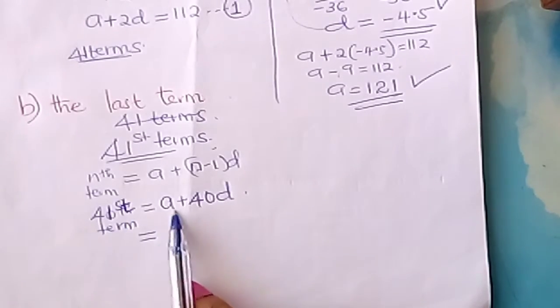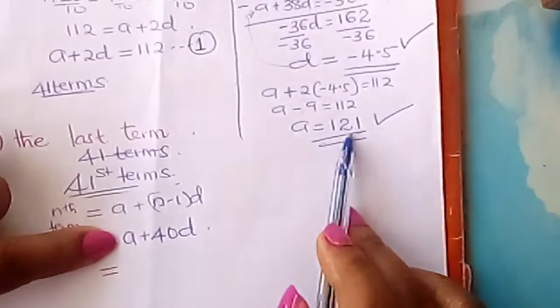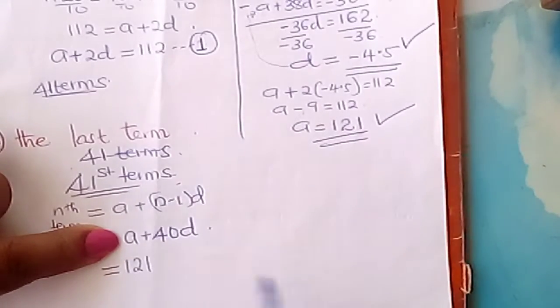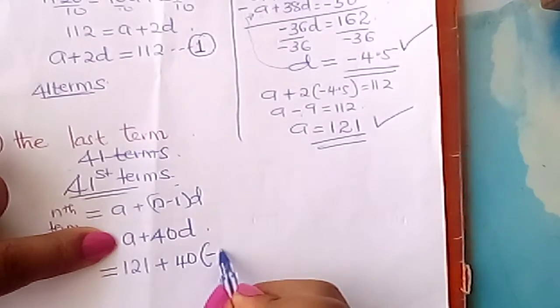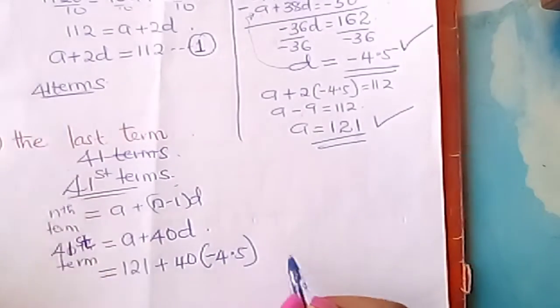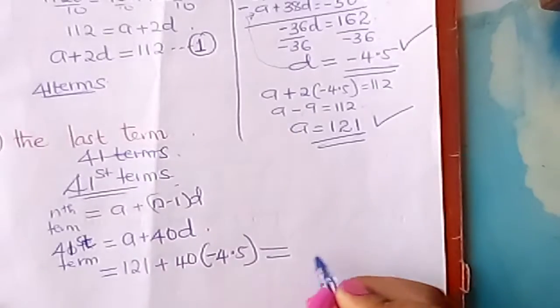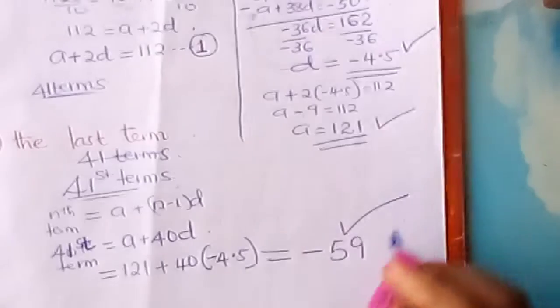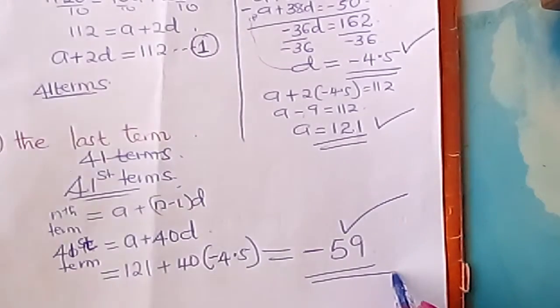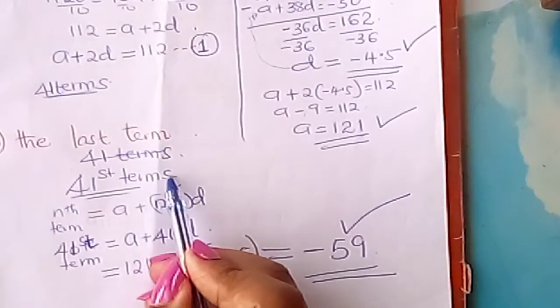The 41st term will be equal to A, our A we got it here as 121, plus 40 in brackets, your D is negative 4.5. If you work this out, learner, you would get negative 59. This is the 41st term, the last term of the AP.